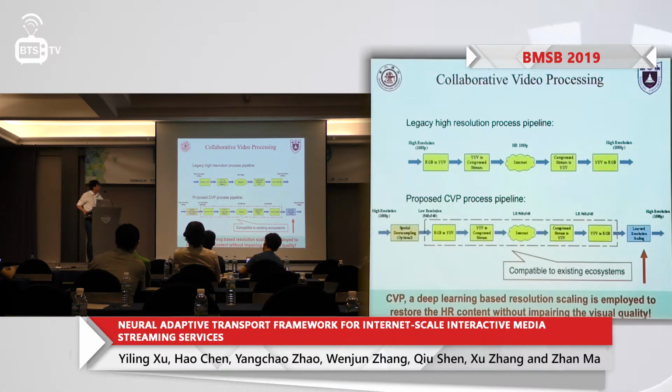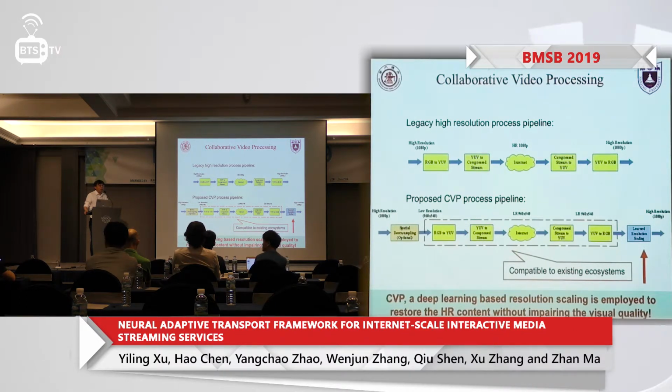But instead, we propose a very interesting solution: can we downsample the video at the very beginning? For example, we can capture the video at quarter resolution or even 1/16 resolution, and use a learned resolution scaling or restoration algorithm to restore it.